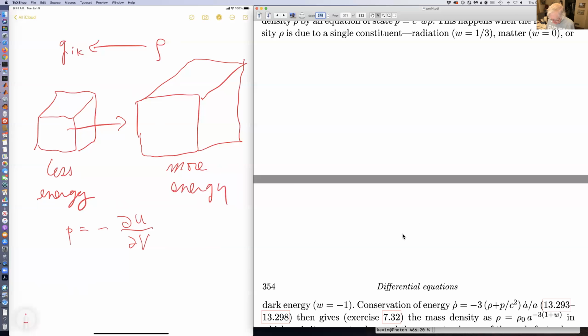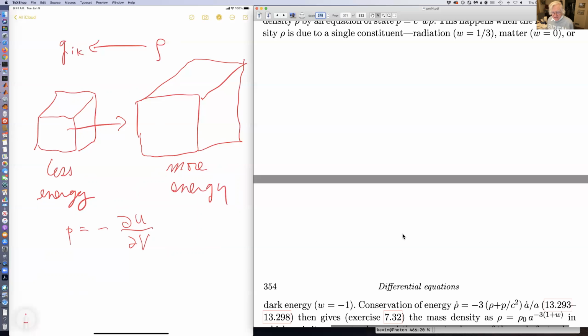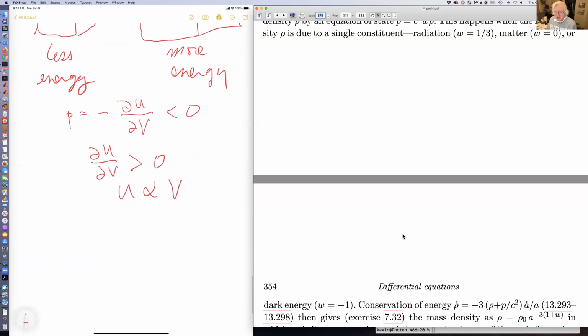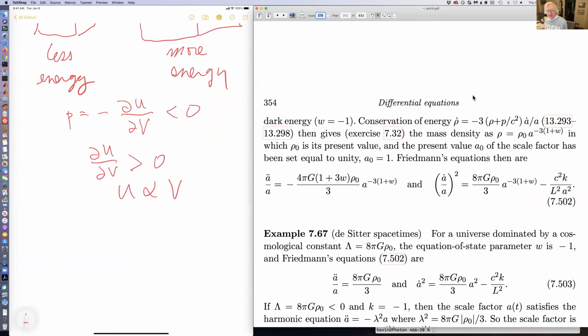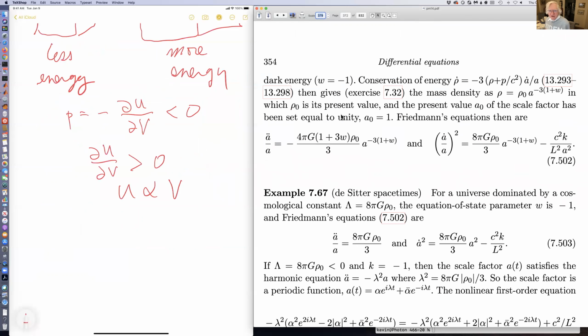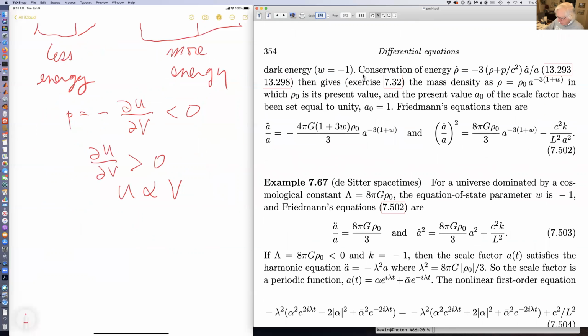And here we see that this is less than 0 because the energy density increases with volume. In fact, U is proportional to the volume. So that's why that's negative, and you can then argue that it's -1. There's more about this in chapter 13 if you're curious.